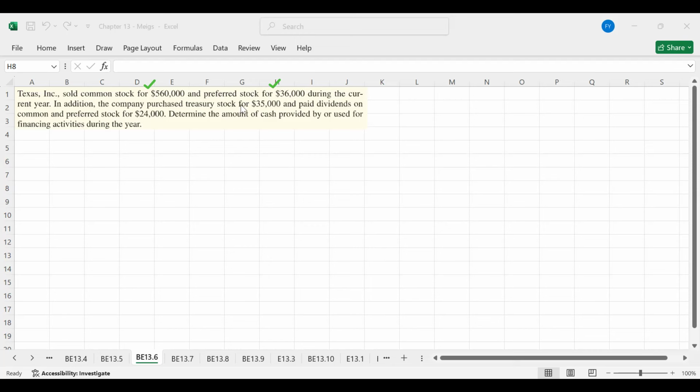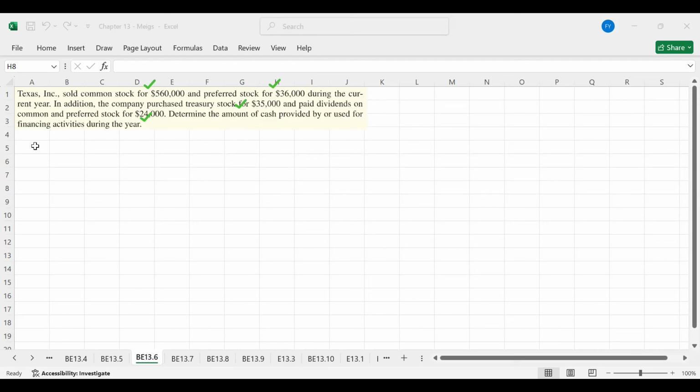Purchase of treasury stock, or buying back its own shares, is part of financing activities, and paying dividends is also part of financing activities. Determine the amount of cash provided by or used for the financing activities.